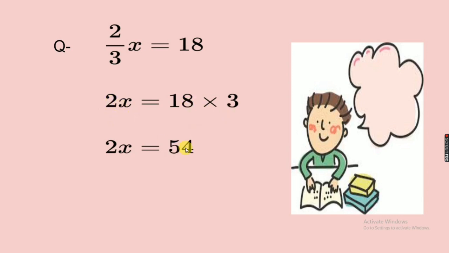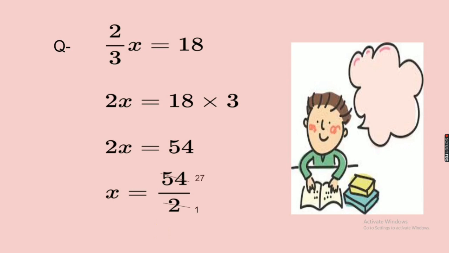Now we got 2x is equal to 18 3s are 54. Now x is multiplied with 2, and I have told you that when any constant number is multiplied with the variable and we have to shift it to the other side, it would go in the division. Multiplication would be converted into the division. 54 divided by 2.